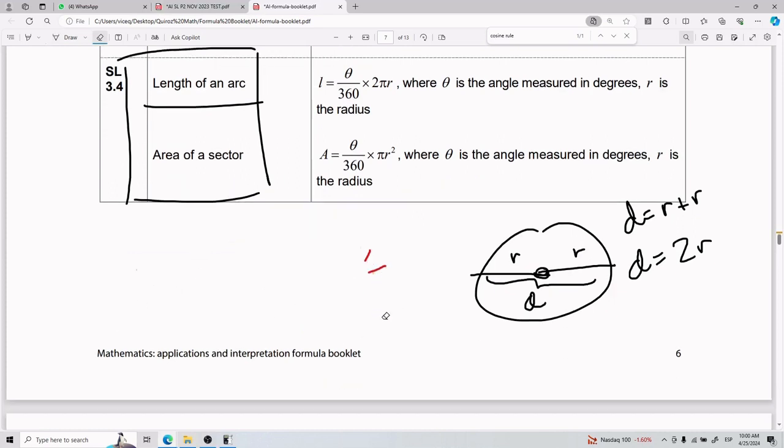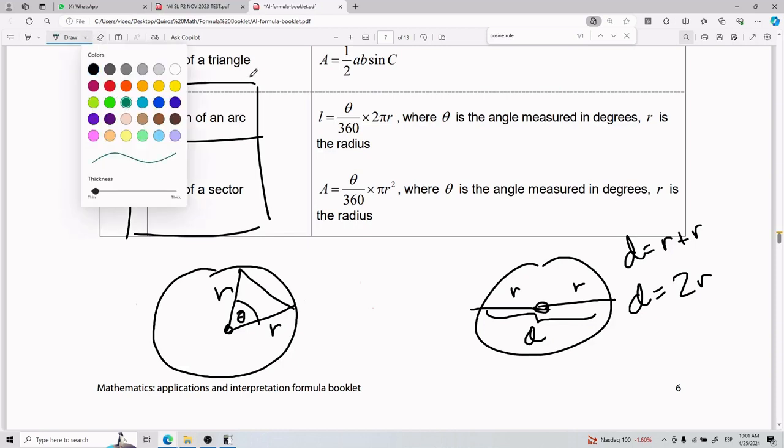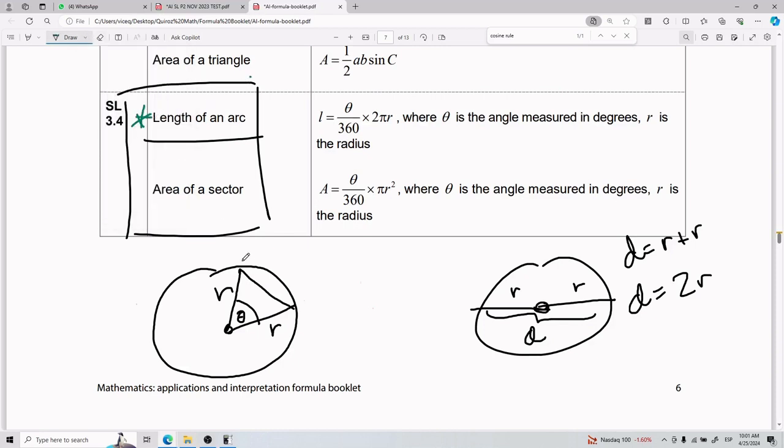So let's say you have this example here. Let's say this is R, and this is your angle theta. And this is going to be like a triangle that goes like that, okay? So if you were to use length of an arc, which I will put now in green, length of an arc gives you this.